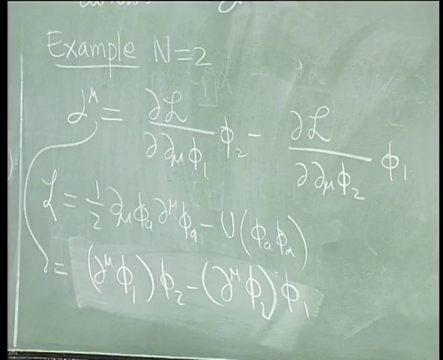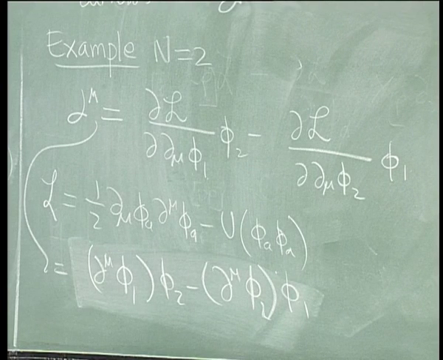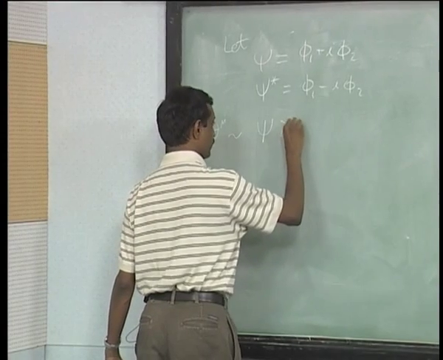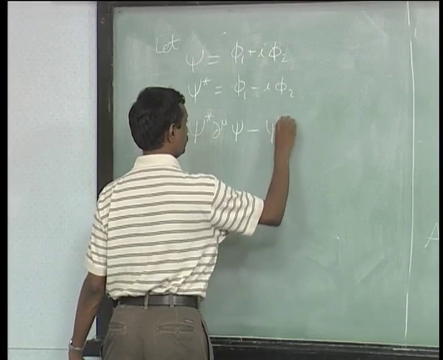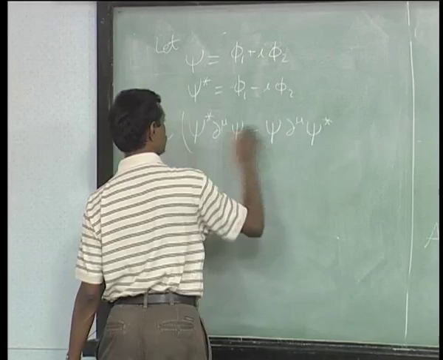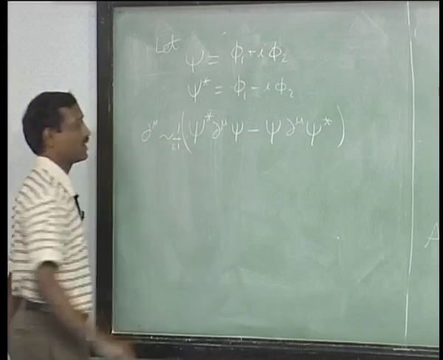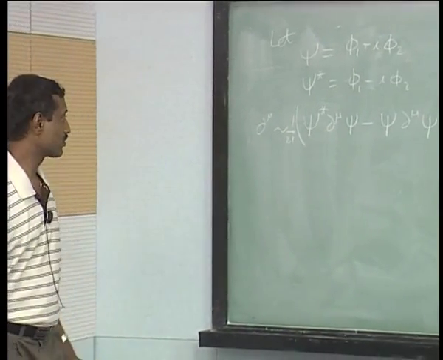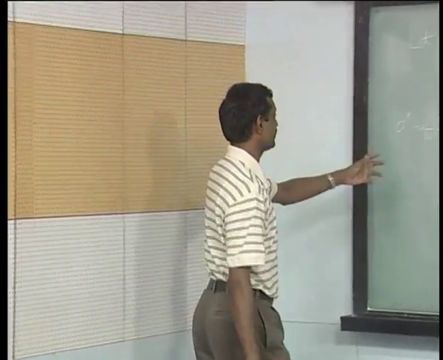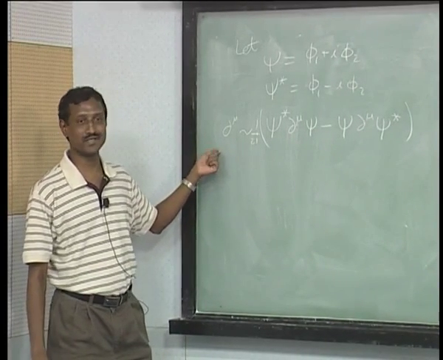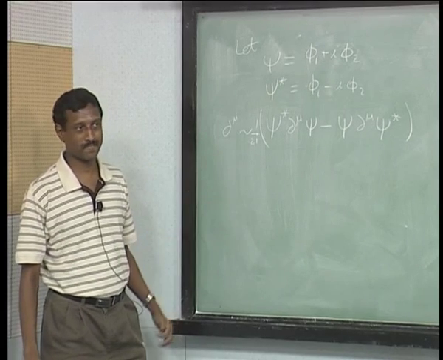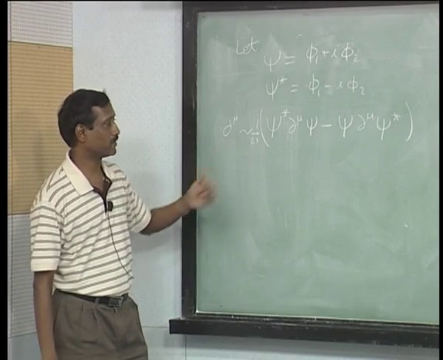Up to some factor, this is nothing but maybe 1 over 2i or something like that. Have you seen this kind of a current before? So this is a little bit like the probability current which you have seen in non-relativistic quantum mechanics. It looks like that, right?